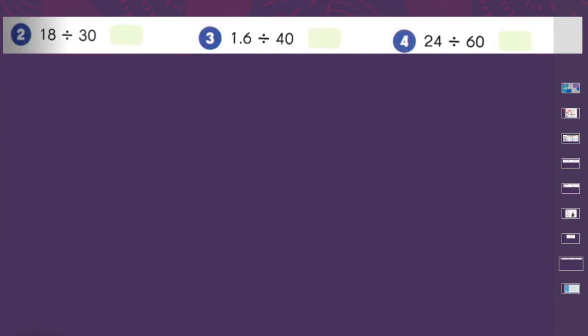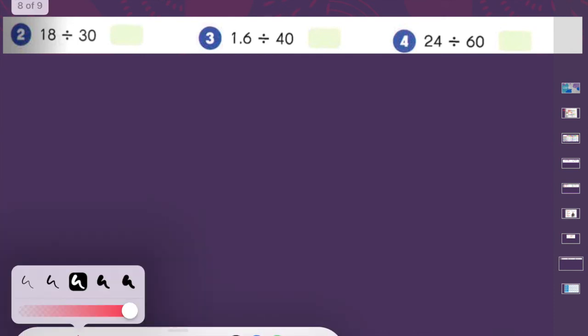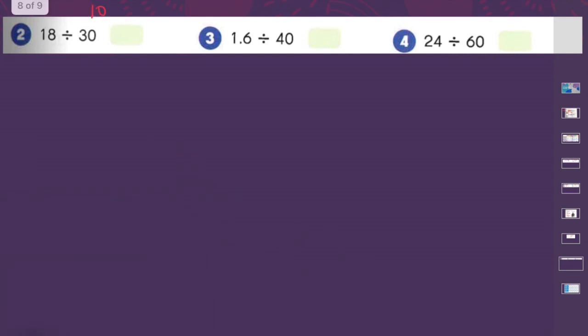So for example, I know that 30 is a multiple of 10, 3 times 10, and so I can use a basic fact like 18 divided by 3, and then I can divide that by 10. So go ahead and look through these next 3 and then check back to see if your thinking matches.